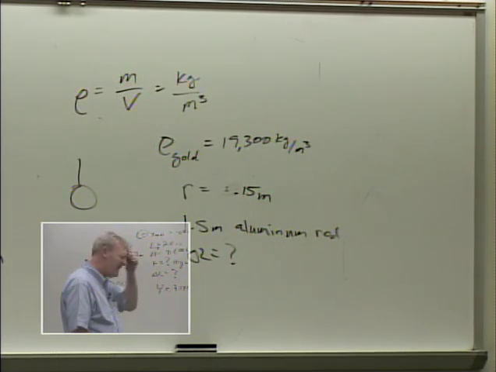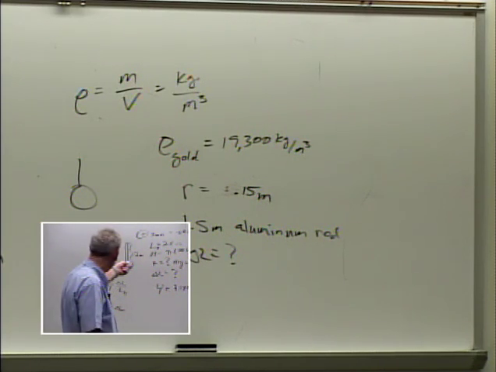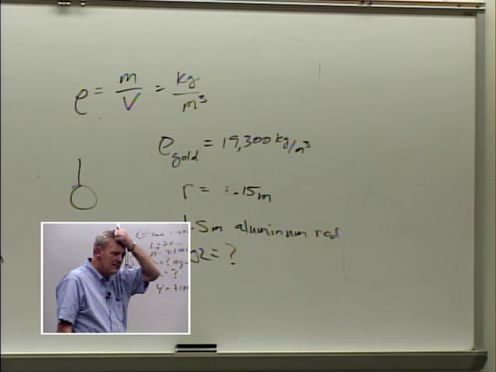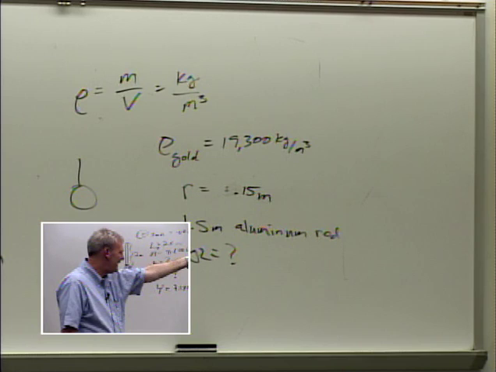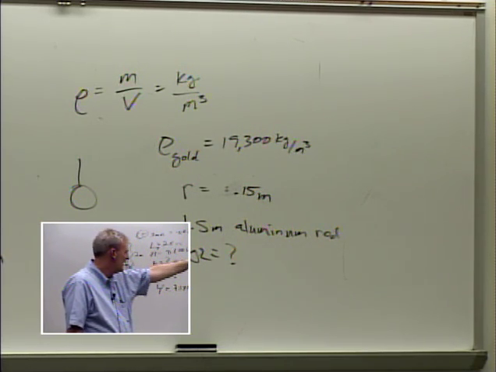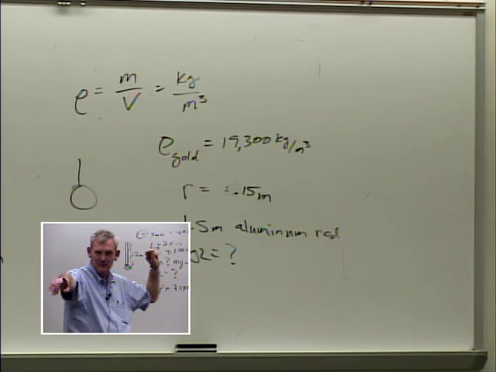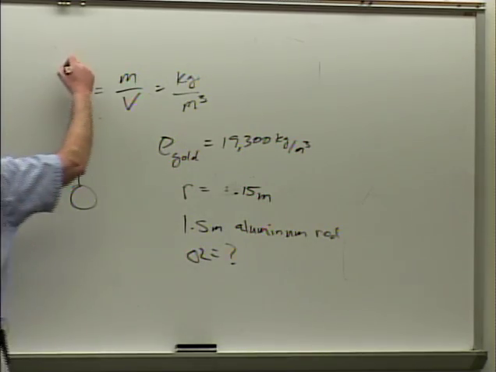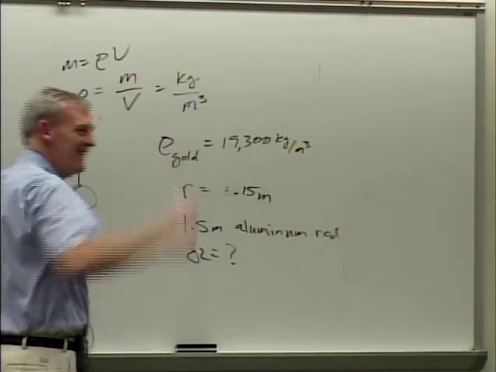First thing you got to do is go, oh, I need mg over here. How do I get mg? Mass times gravity, but how do I get m over here? All right, Bradley's back with us. And it's m equals rho v. There we go.